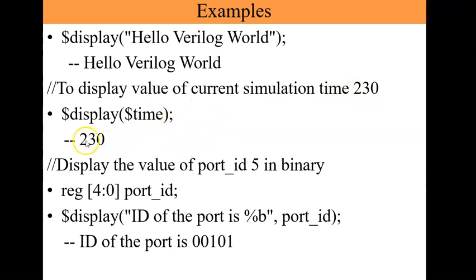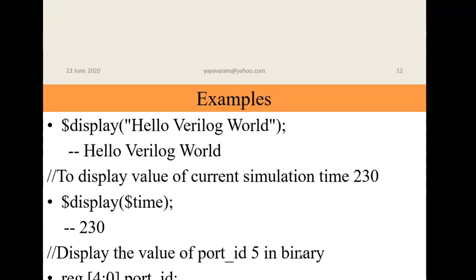Similarly, I want to display the port ID in binary: $display("ID of the port is %b", port_id). Since the port is 4 down to 0, meaning 5 bits in total, it will display as 00101. That's how we use this display.